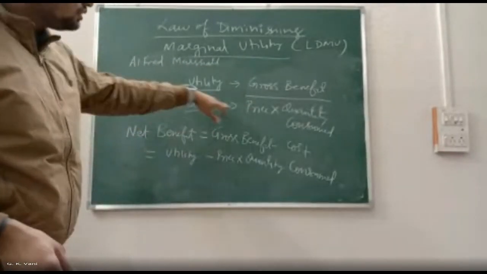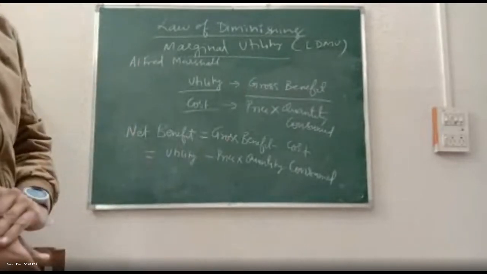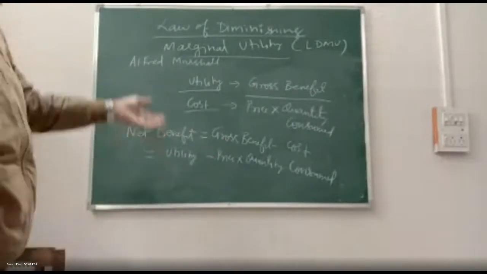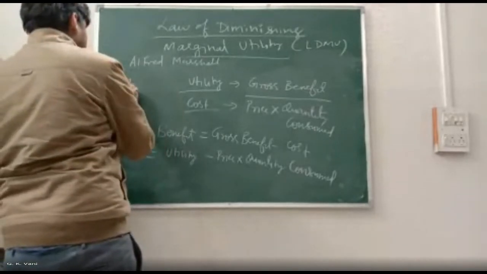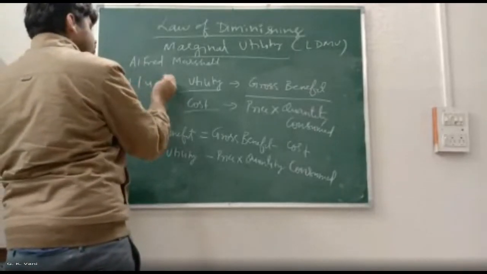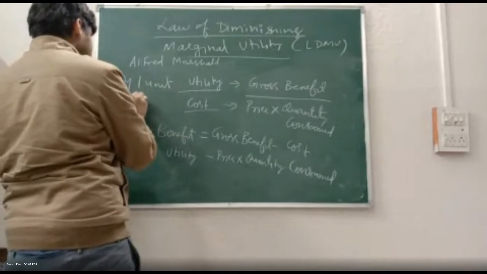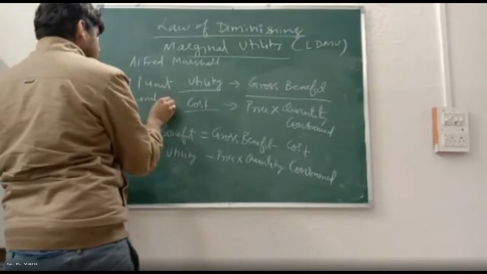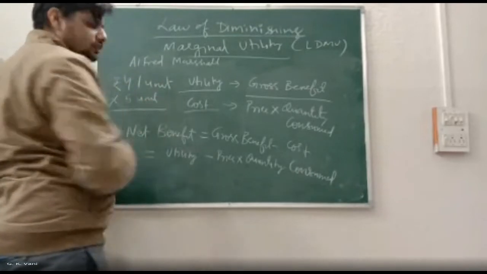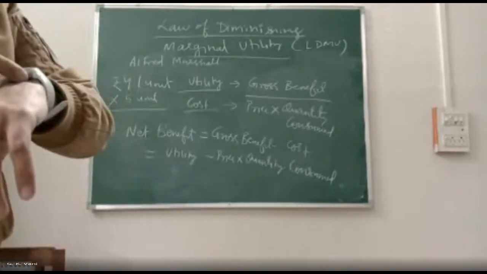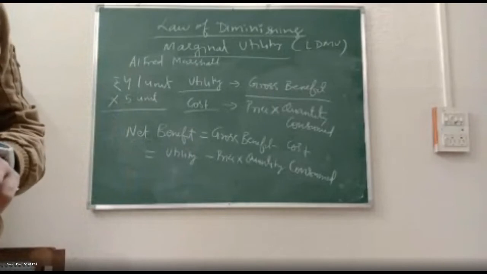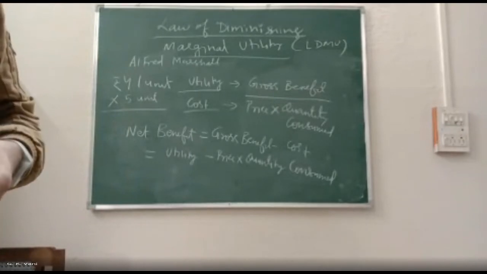Cost is price times the quantity consumed. So if price is 4 rupees, it is 4 per unit. And how many units have you consumed? 5 units. How much cost will be there?